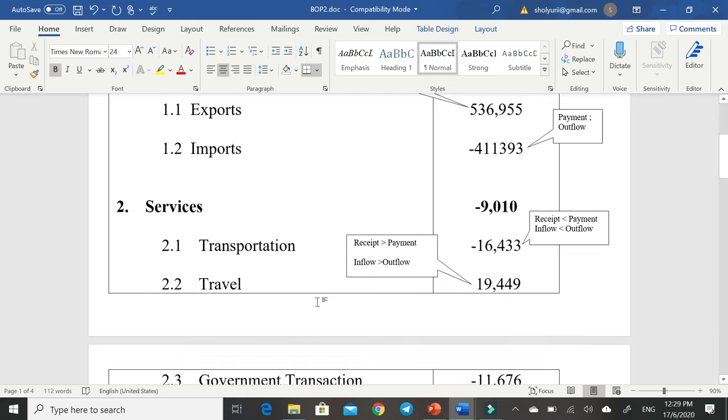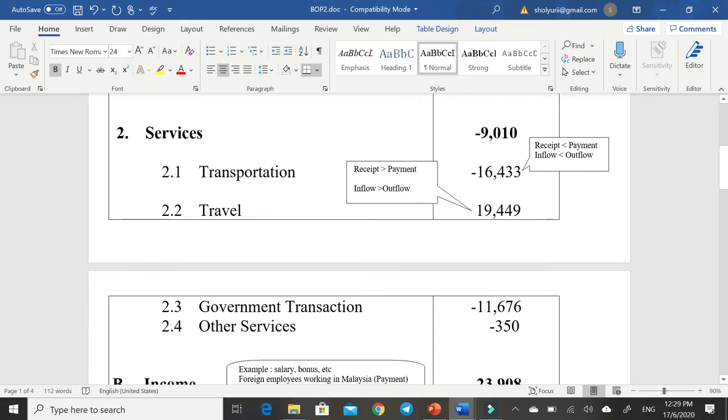Okay, while for services, there are 4 types here: transportation, travel, government transaction, other services. As you can see here, if the value is negative it means our outflow is bigger than our inflow.